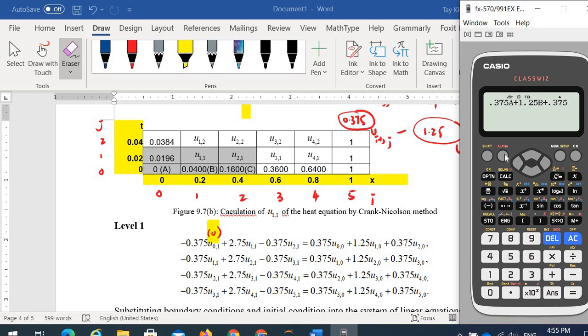The value is represented using C. Then you calculate. Now first time we apply the molecule, the target is to solve for U11. So A, the left bottom value, is 0. B is 0.04. C is 0.16.